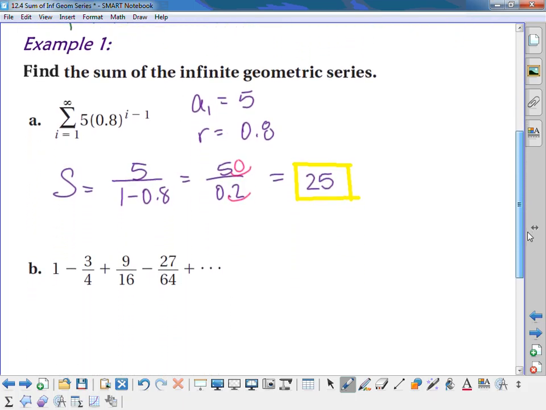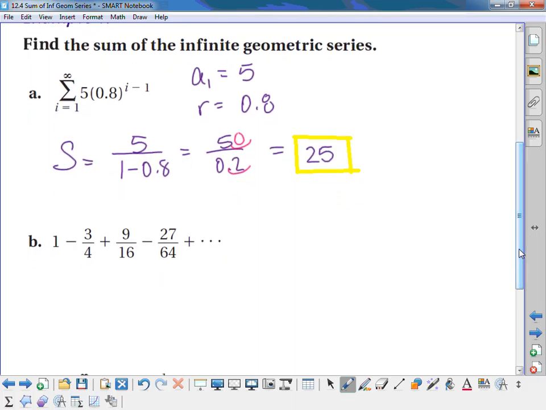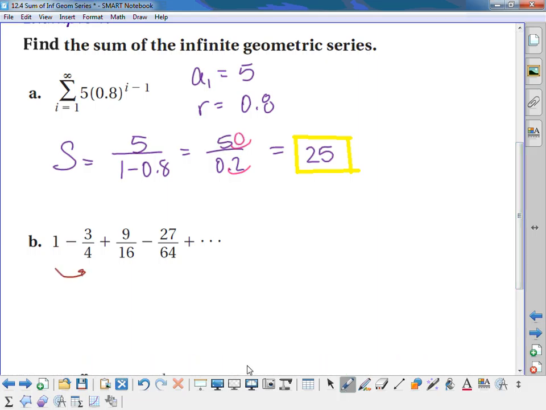Alrighty. Here's another one. This one isn't written in summation notation, so it's not quite as obvious what the ratio is, but I can still figure it out. What am I multiplying as I go from term to term? Each time it's times negative 3/4. So my ratio for this one is negative 3/4, and a sub 1 is 1.